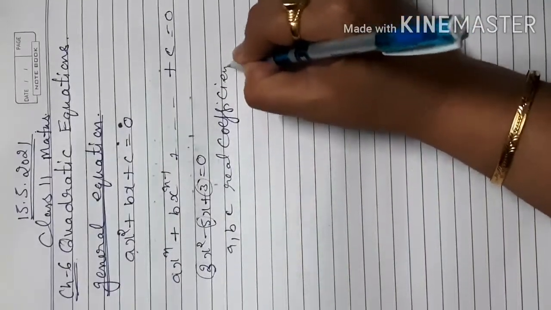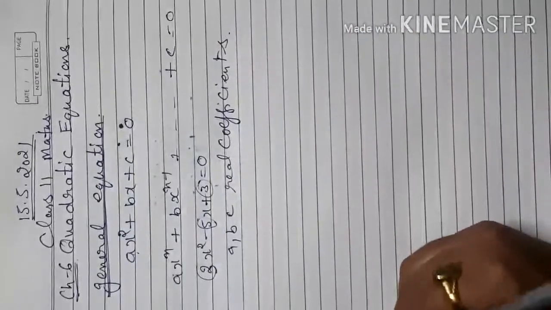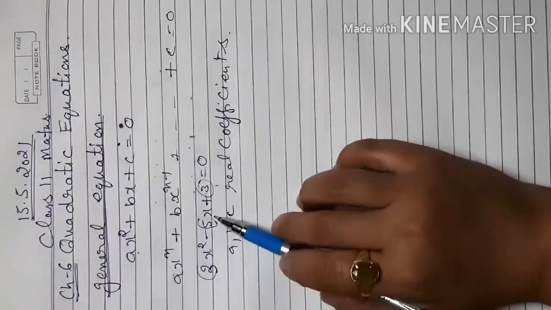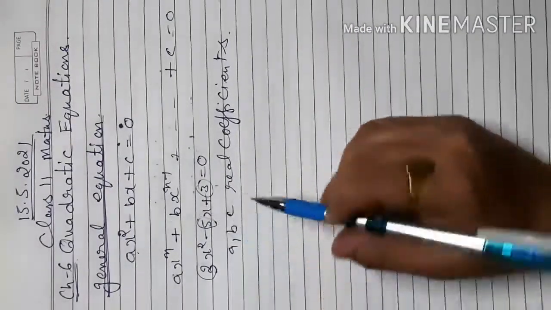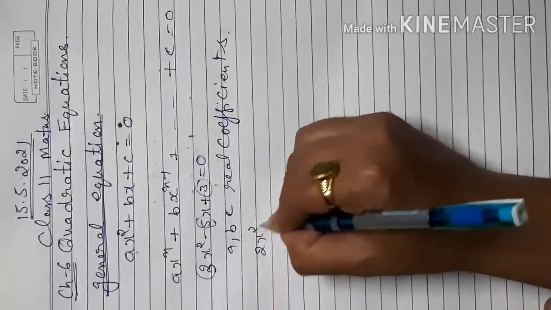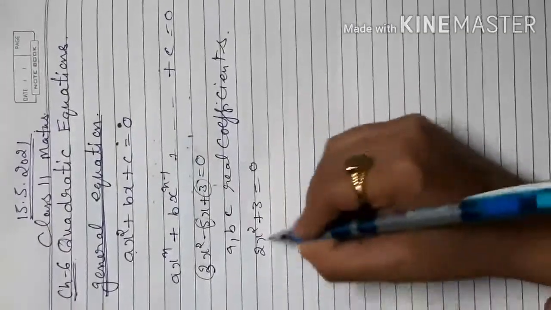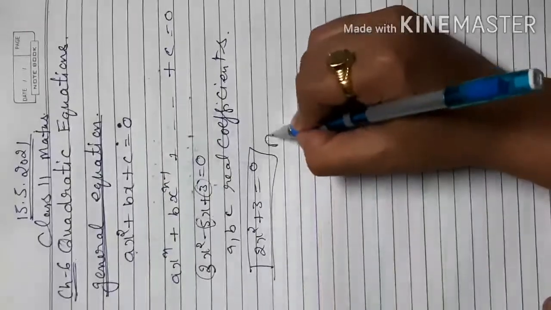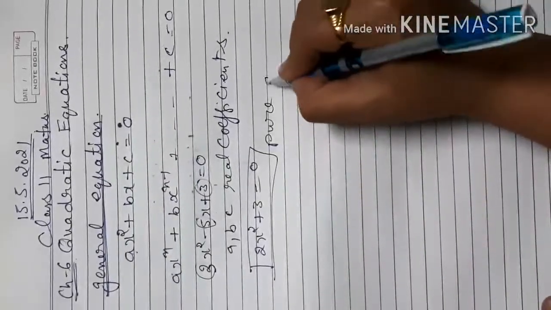Next, suppose the coefficient of x is 0 and what is left is 2x square plus 3 is equal to 0. That type of equation we call a pure quadratic equation.